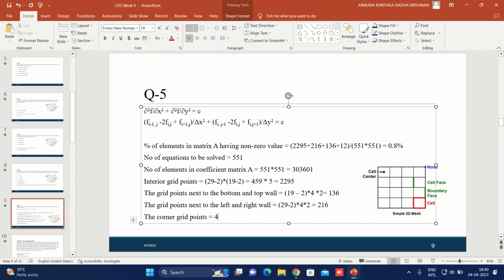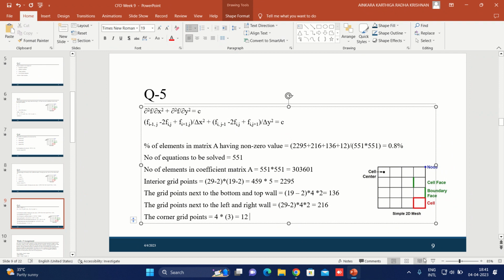There are 4 points, and in those we have one diagonal point, that is the concerned point, and the remaining one from the x and one from the y would be known. So one unknown in y and one unknown in x would be remaining. So we would be having 3. So put together we would be having 12.